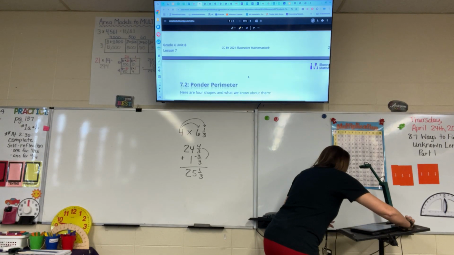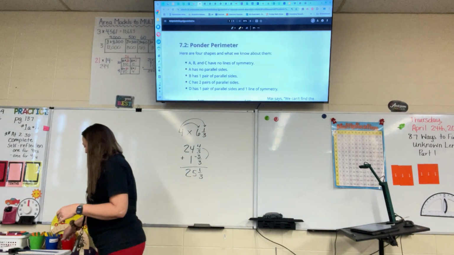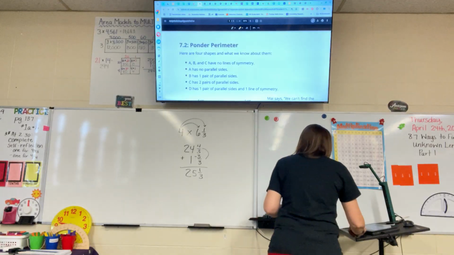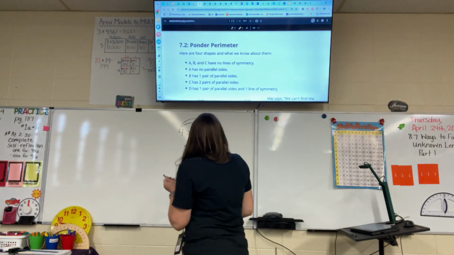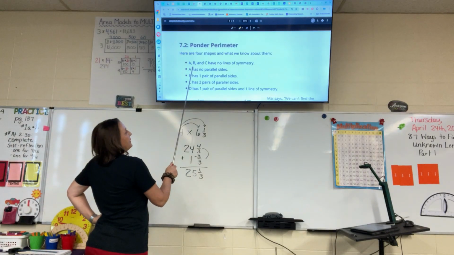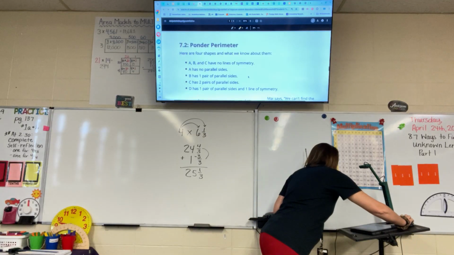We're skipping number 2. 7.2. Ponder perimeter. Okay. Here are 4 shapes and what we know about them.